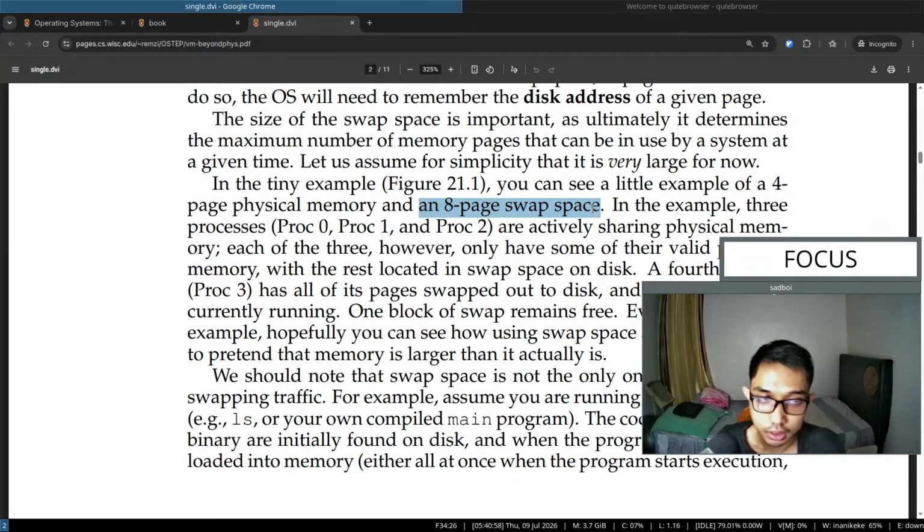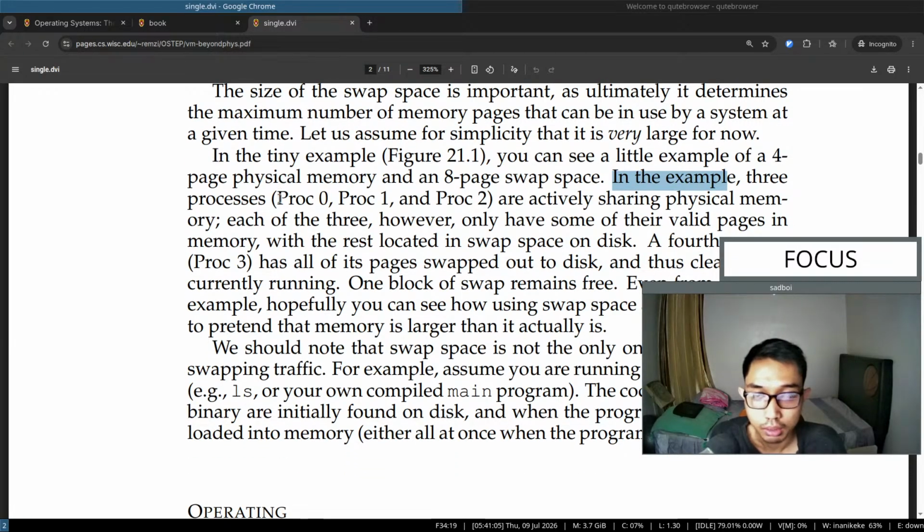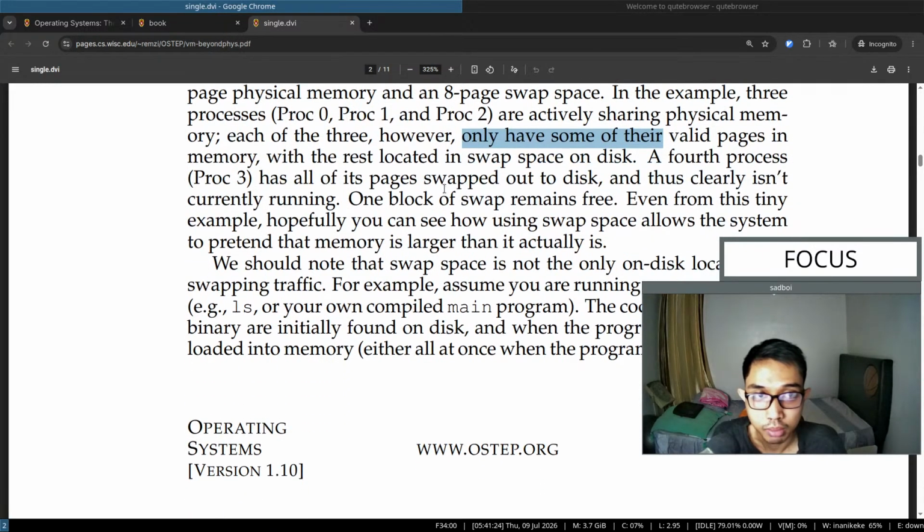In the example, the three processes, Proc0, Proc1, and Proc2, are actively sharing physical memory. Each of the three, however, only has some of its valid pages in memory.